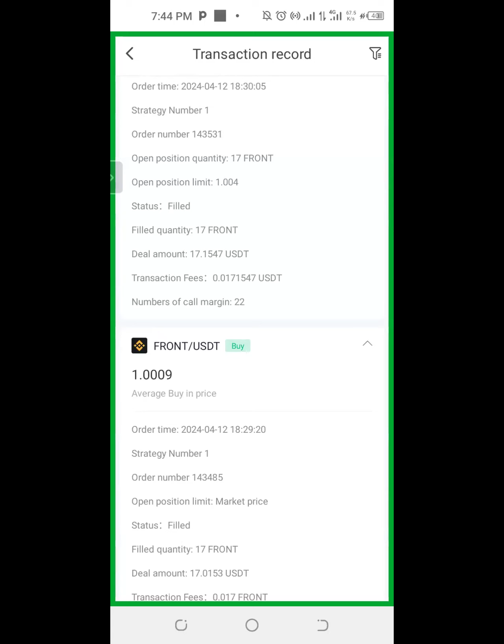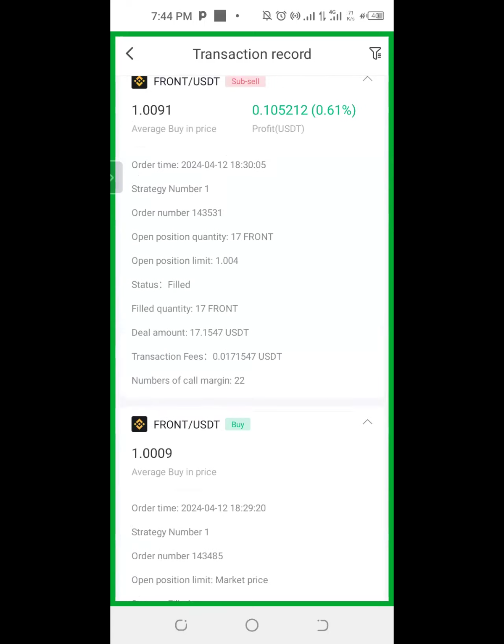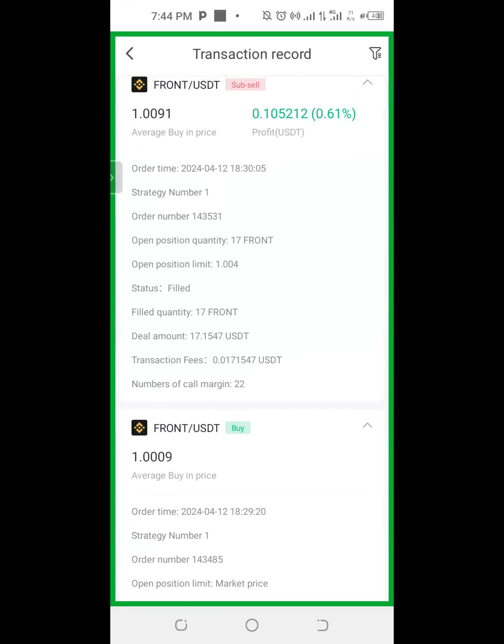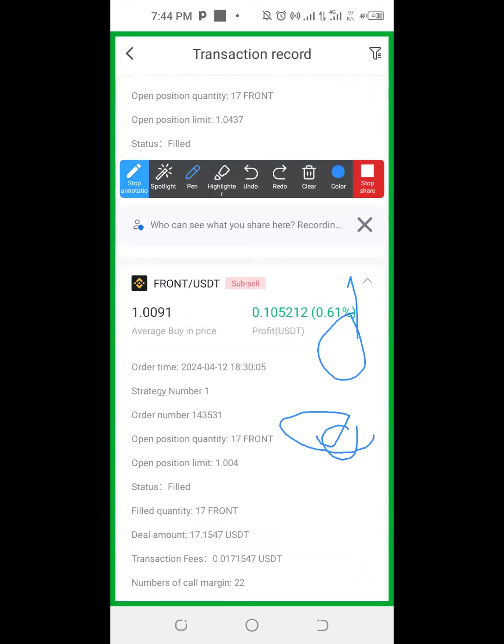On the 12th of April last, that was when he bought last. Then, on the 12th of April again it sold. I have not seen the last time it sold. It sold on the 12th of April.